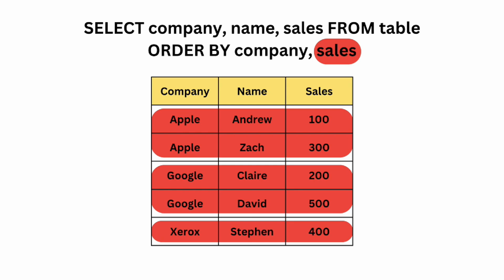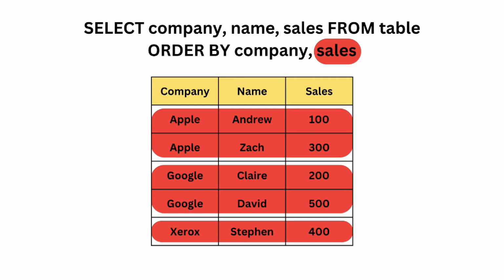So note the sales now is in ascending order for each individual within the same company. So we see Andrew with 100, and then Zach with 300. And then for Google, we see Claire with 200, and then David with 500. So if you have duplicate values in a particular column, and you want to sort not just by that particular column, but another column as well, it makes sense to do an order by with multiple columns.